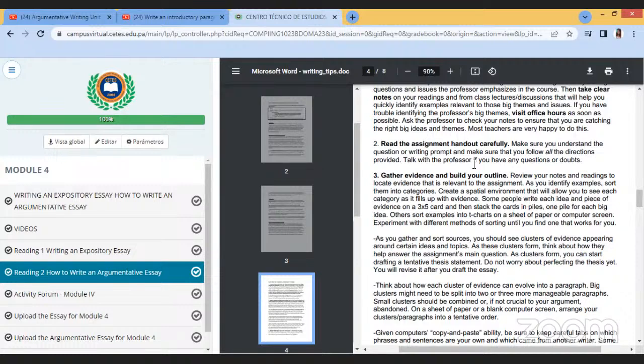Number three, gather evidence with your outline. After closely reviewing prompts and parameters for an argumentative writing assignment, the crucial step that you have to follow entails consulting published sources to gather the evidence that scaffolds the proposed framework, rather than immediately outlining.